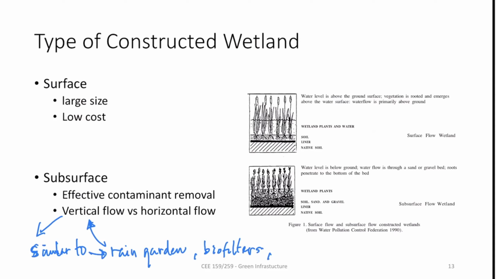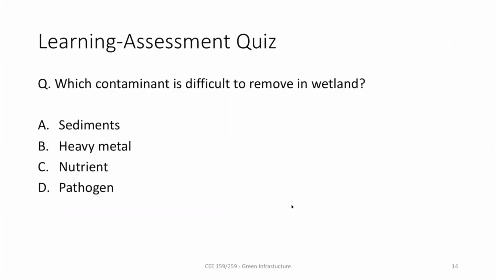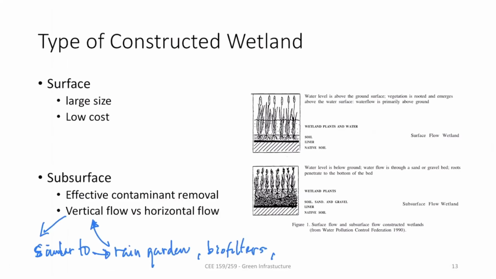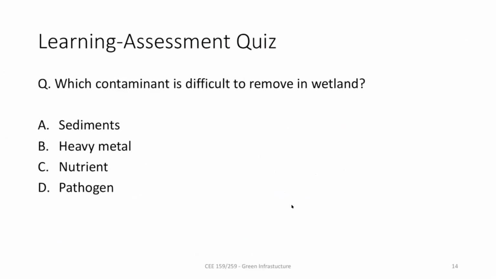I'll give you a handout, or I'll upload it so that you can read it, but basically those are the differences. So this is just for discussion. I didn't share it, but let's discuss it now. Which one do you think won't be able to remove effectively? You don't know this answer because I didn't tell you, and this is the reason we want to brainstorm it.